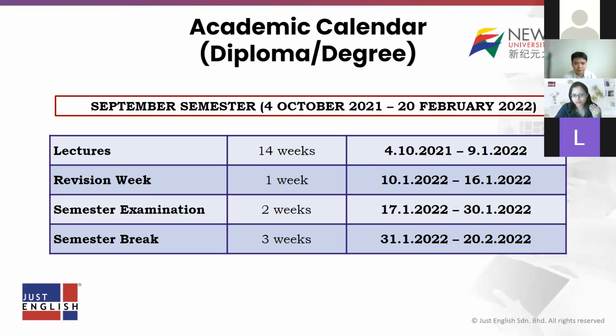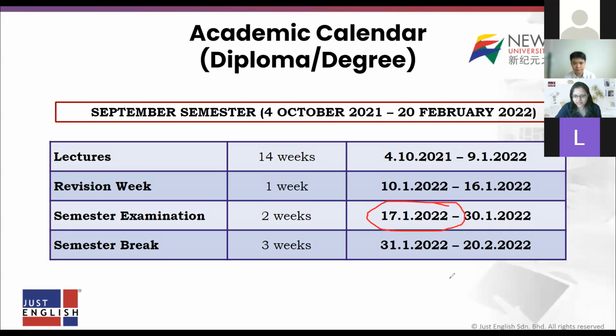We will arrange replacement classes mostly during weekends. We will check on students' availability before we plan these replacement classes. The final examination will be on the 17th of January. Okay, so moving on.